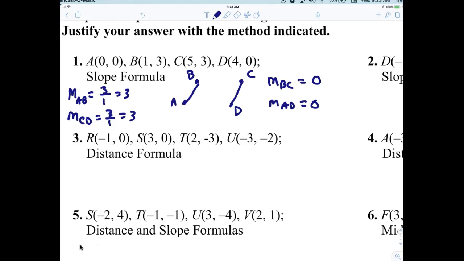Are you asking me about BC? Yes. So how do you find the slope? You do the slope formula, which is y2 minus y1 over x2 minus x1. So how are you getting what you're getting? Oh, I've twisted up. All right. So we're good now.